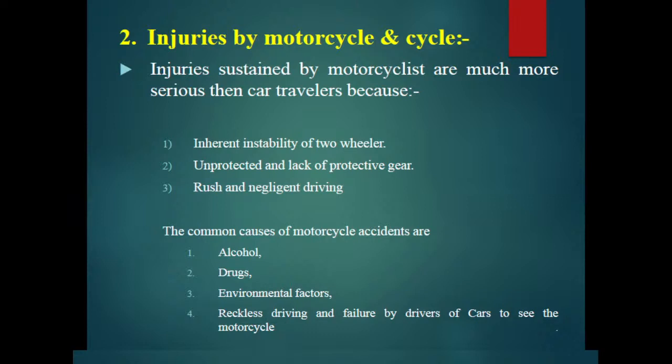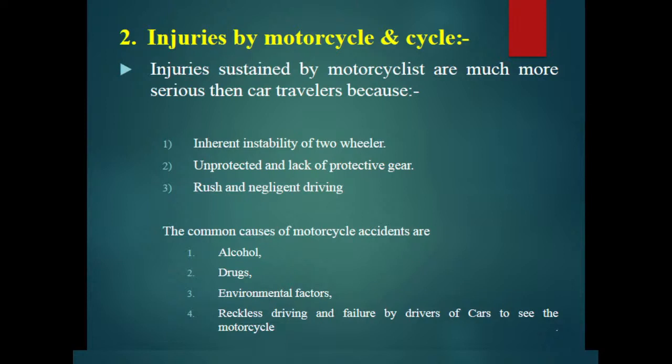Injuries caused by motorcycle and cycle. Injuries sustained by motorcyclists are usually very serious compared to the ones sustained in the car cabin, because of the instability of two-wheeler vehicles, lack of protection, and usually the rush which is seen in motorcyclists.